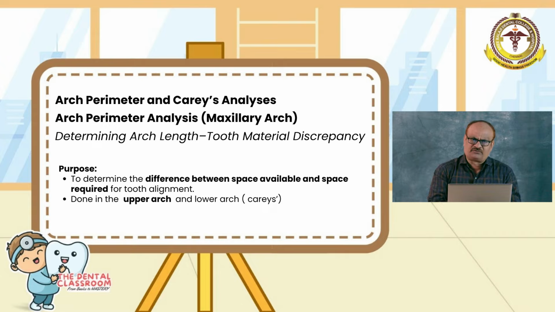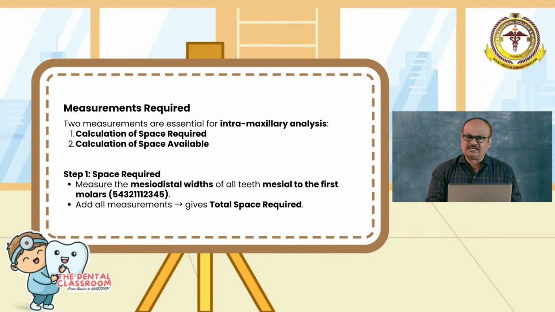What is the purpose of doing this arch perimeter analysis? As the name indicates, I am going to measure the arch perimeter and see whether the teeth that have erupted fit exactly into the given arch perimeter without any crowding, or to say, form a perfect arch shape. So how do we do this?